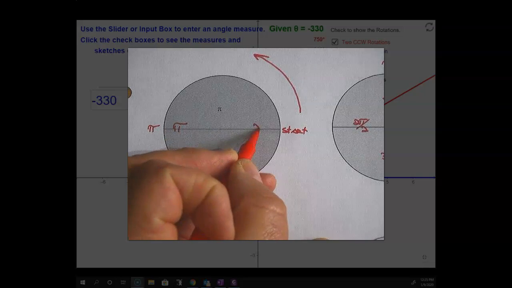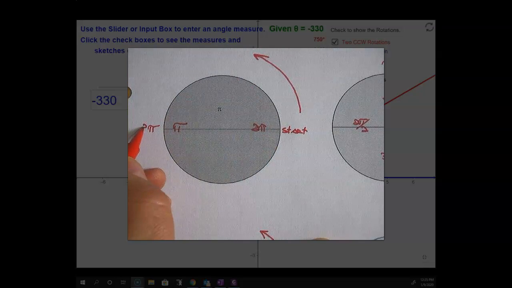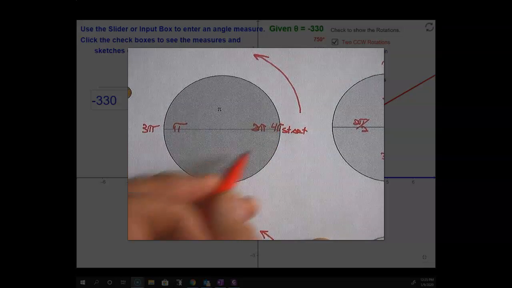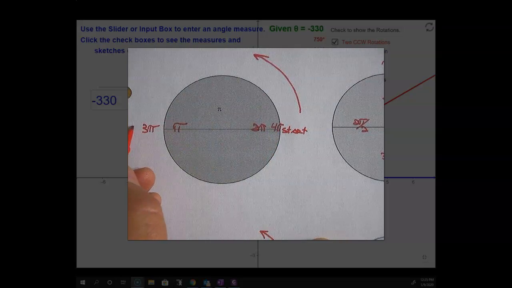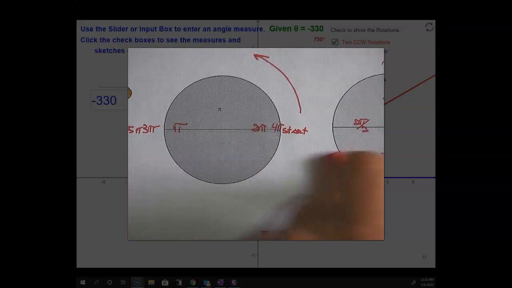This would be 2 pi. Next time around, this would be 3 pi, this would be 4 pi. Next time around, this would be 5 pi, this would be 6 pi.